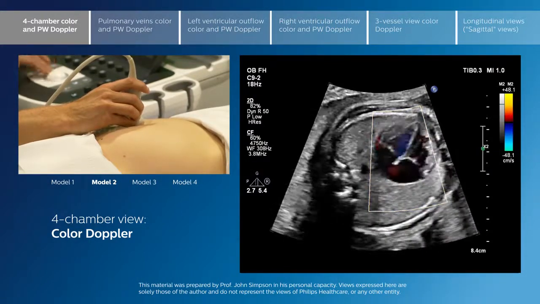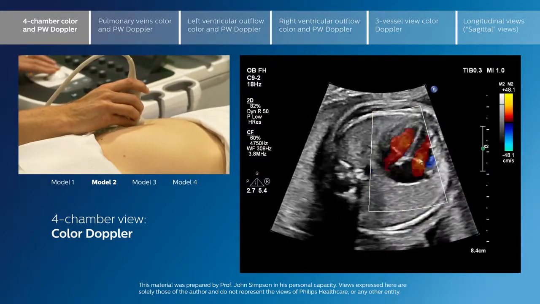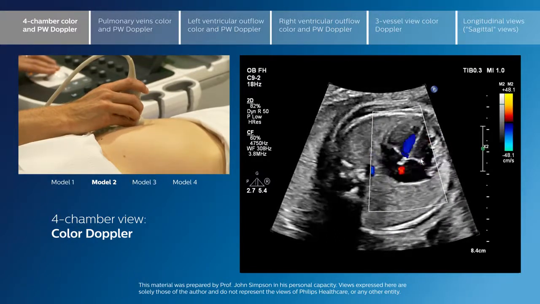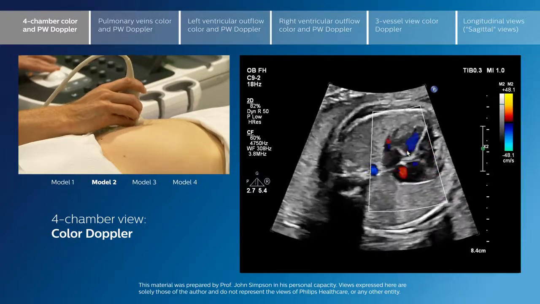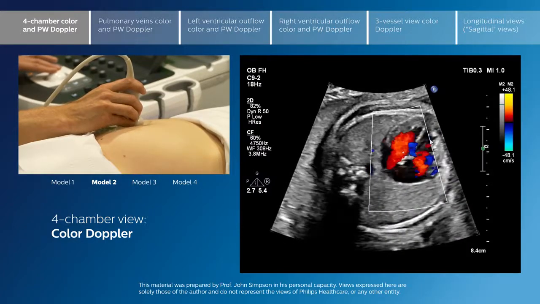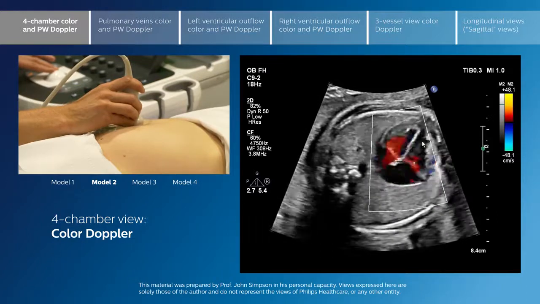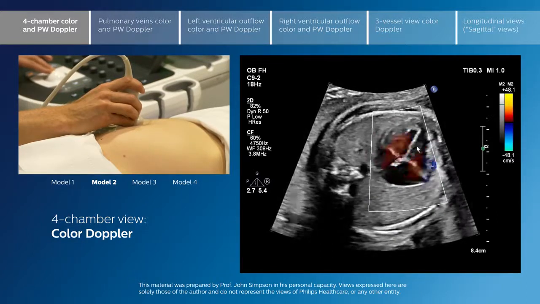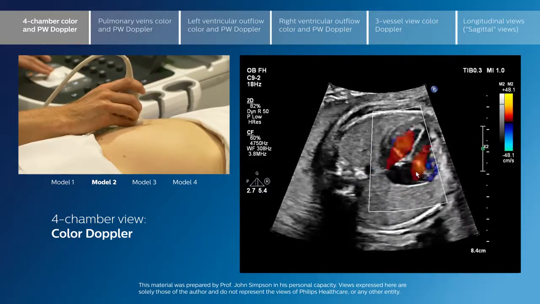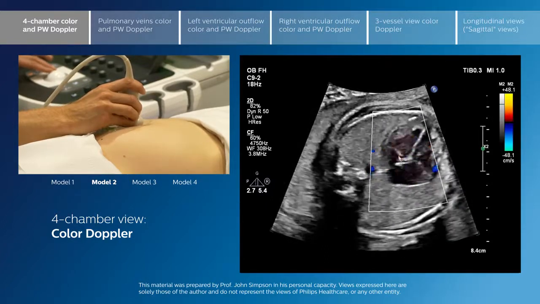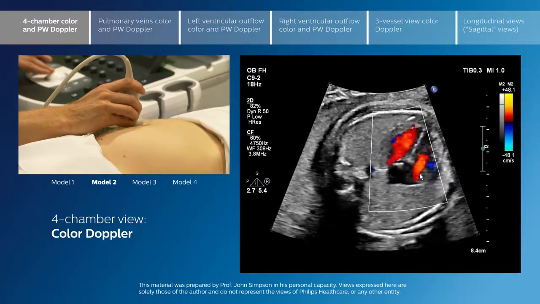On the right here we see unaliased flow in a broad jet from the right atrium to the right ventricle and from the left atrium to the left ventricle. We nicely see that there is nothing crossing the ventricular septum here, and on these views there is no evidence on colour flow of regurgitation of either the mitral or the tricuspid valve.